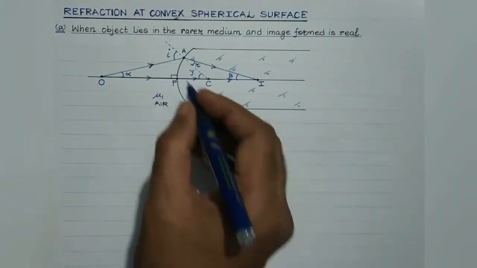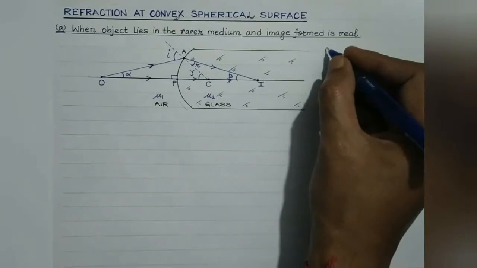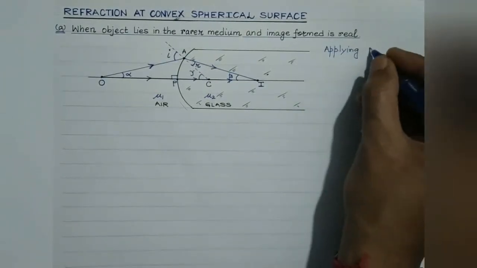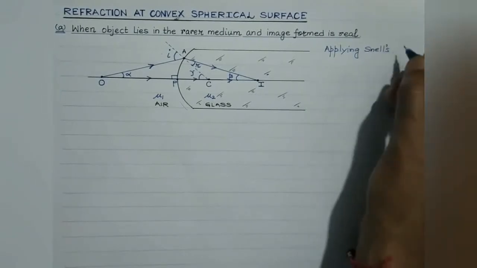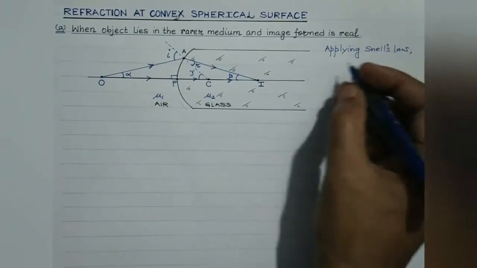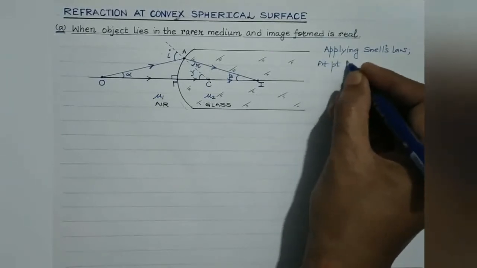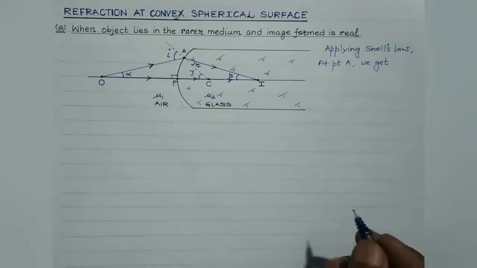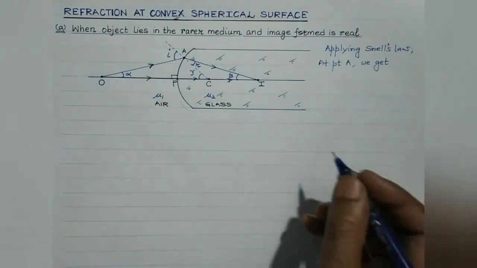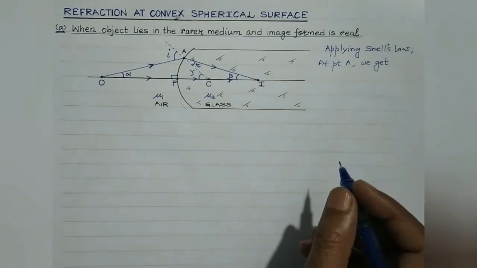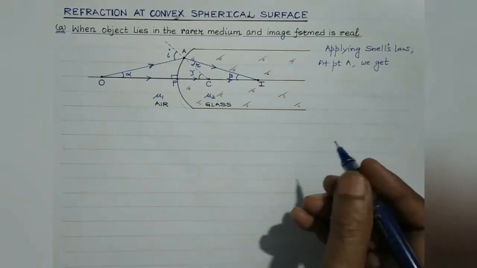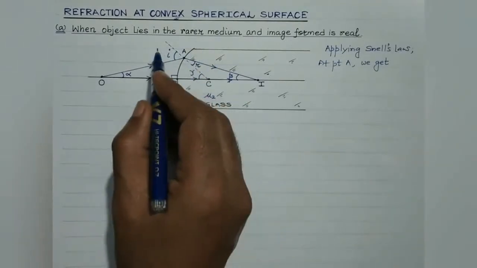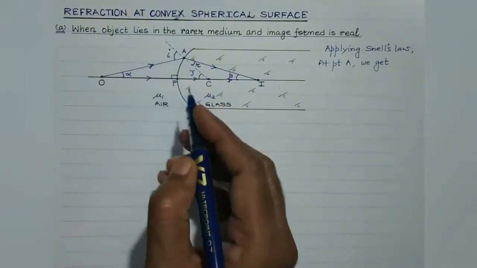So let's apply Snell's law over here. Applying Snell's law at point A, we get: Snell's law is, students, the ratio of sine of angle of incidence to the sine of angle of refraction is constant, and that constant is equal to the refractive index of the medium in which the angle of refraction lies with respect to the other medium in which the angle of incidence lies, isn't it?